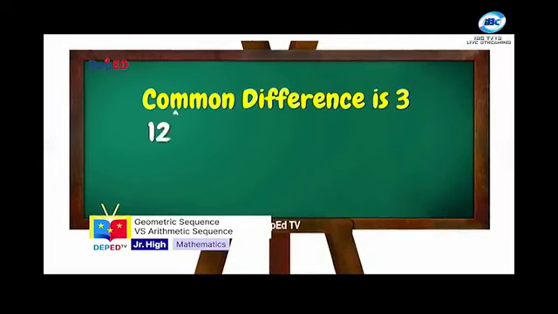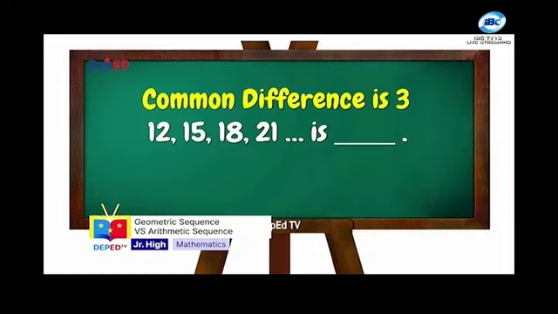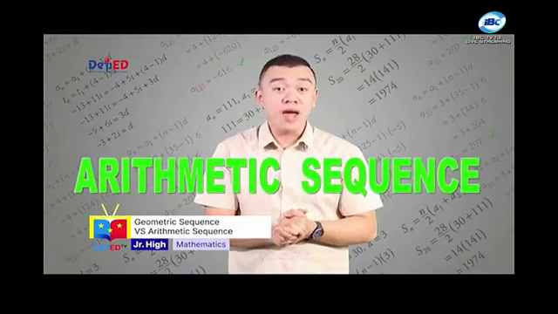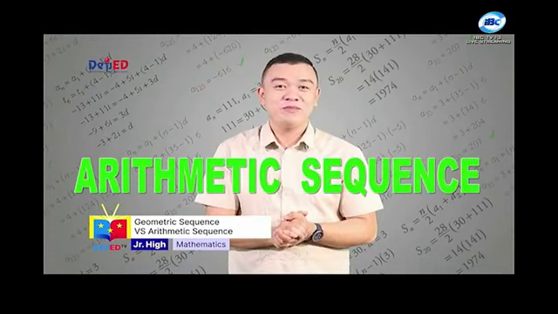Take a look again to the given sequences. For sequence A, 12, 15, 18, 21, and so on is... You're right! Since a common difference 3 is added to the preceding term to get the next term. Therefore, it is an arithmetic sequence.